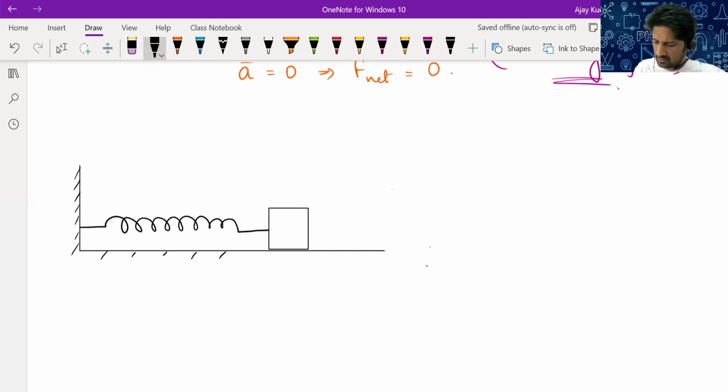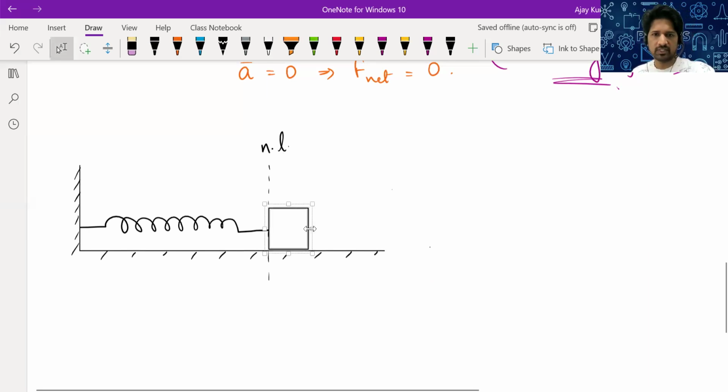Quite easy to imagine. At the position where the spring is at natural length, if you release the block, it won't start oscillating. At natural length, the spring does not exert any force. The other forces acting on the block are its weight and normal force, which are balanced, so it won't start oscillating. But you pull it to the side and then release, or you displace it from natural length and release.